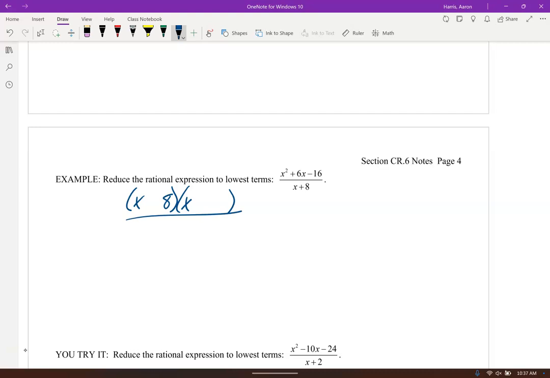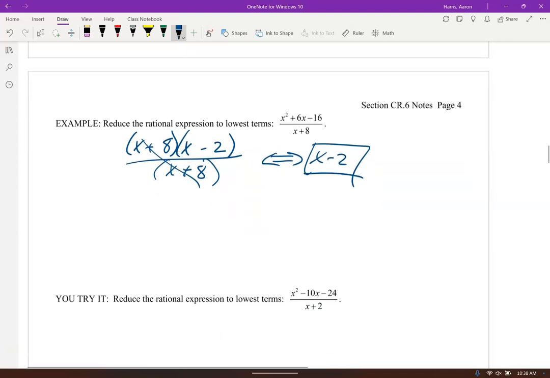What's the other one got to be then? Yeah, so it's got to be minus 2, exactly. And check it, right? FOIL it back. X squared minus 2x plus 8x minus 16. Oh yeah, that's the x squared plus 6x minus 16. So it works. And then you can factor. If you want, you can throw the parentheses on that because you're canceling that entire binomial x plus 8 there. So you're just left with x minus 2. That one. All right.